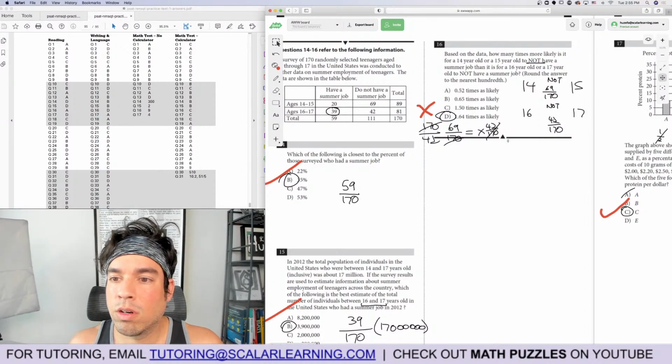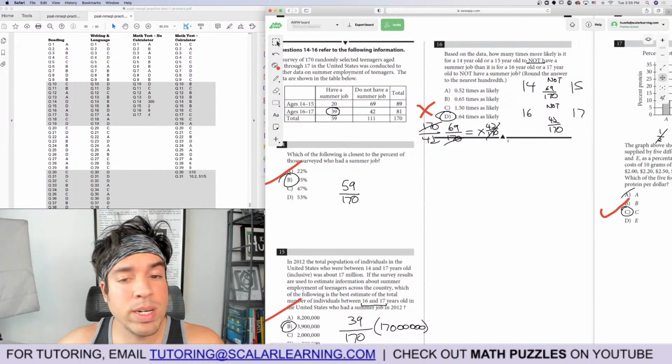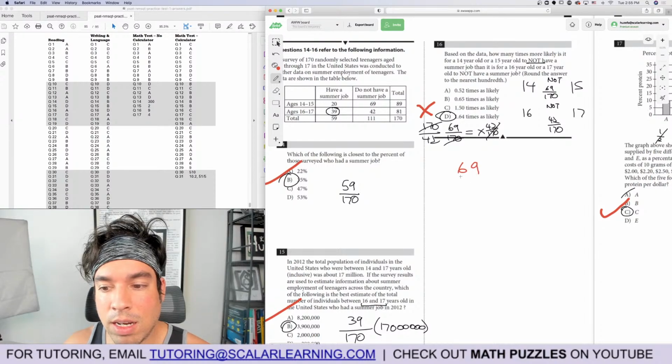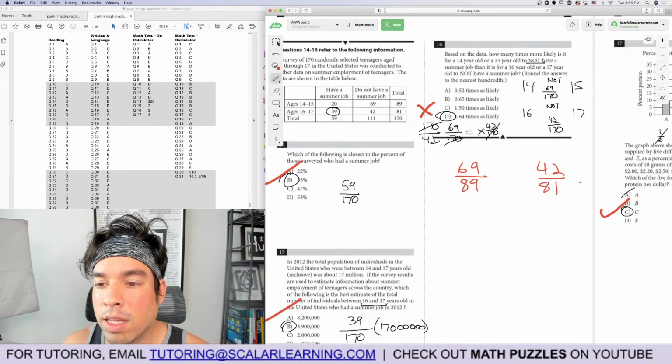So we've got to take it out of the total of the 14 and 15-year-olds. So this one is 69 out of 89 for the 14 or 15-year-olds, and then it's 42 out of 81. And then it's what times this is going to equal this.